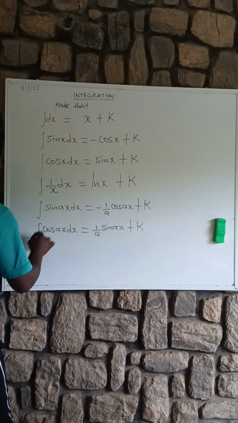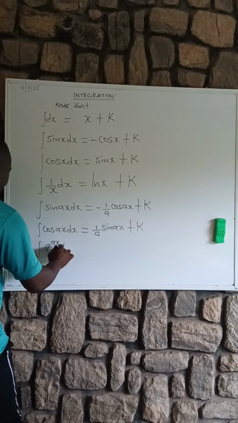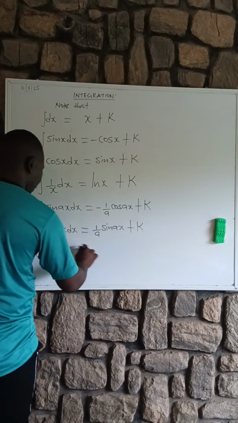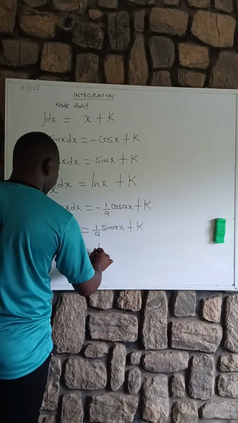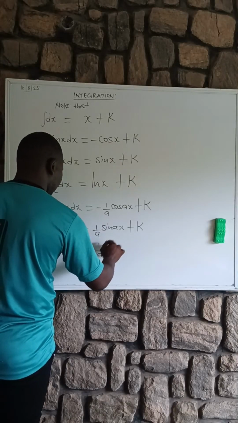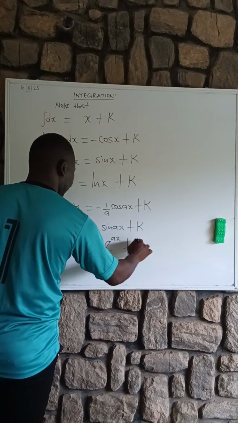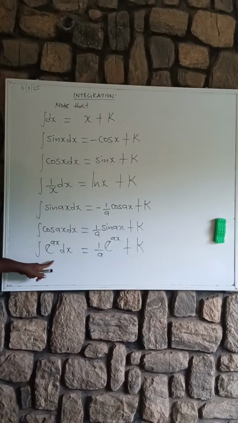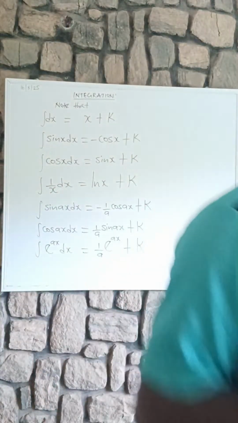If you are to integrate exponential ax dx, this is the same. This is equals to 1 all over a exponential ax plus any constant. Take note of all these things because it will do you good.